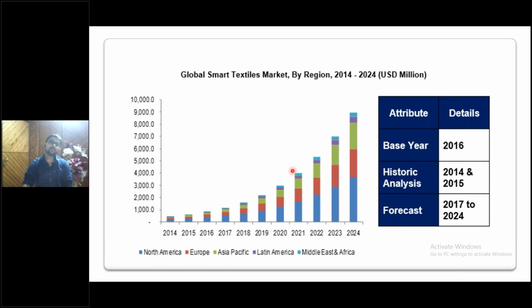As we can see from this stacked bar graph, during the years around 2014 to 2017, the smart textile market was globally dominated by the US and Canada, because they have high disposable income. High disposable income means you have more money that you can spend. So essentially they spend more money on defense, the US and Canada. During these years, we can see that they are the dominant players.